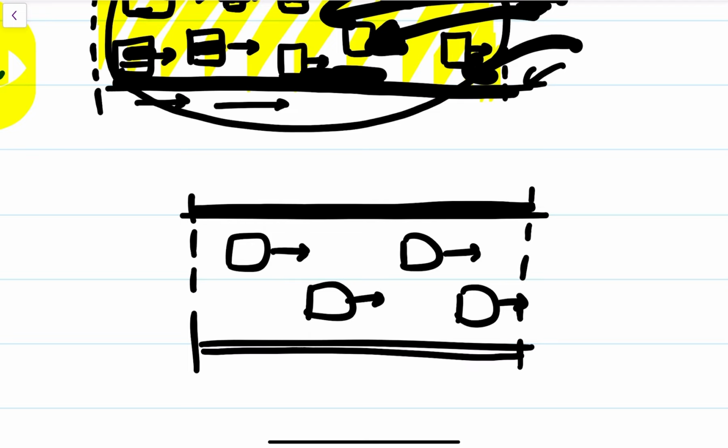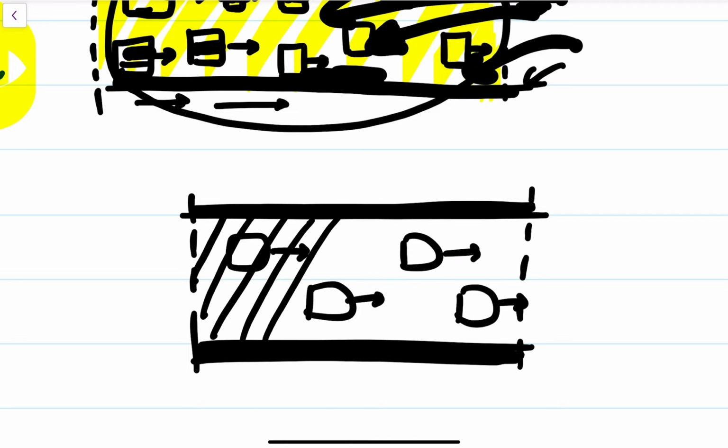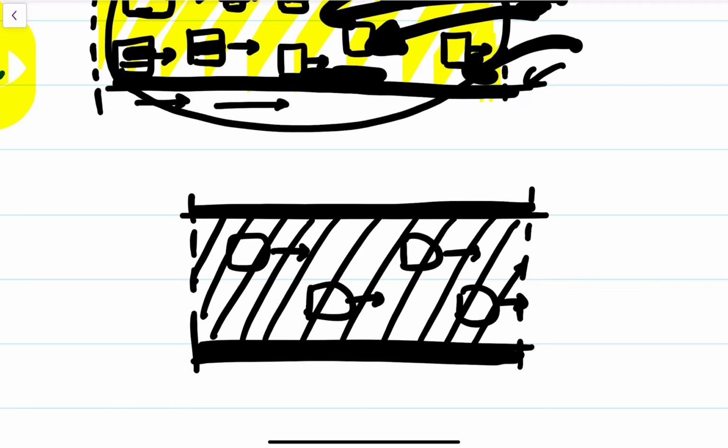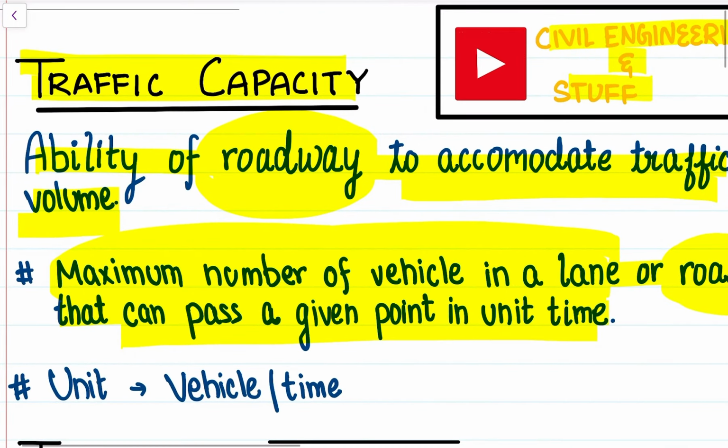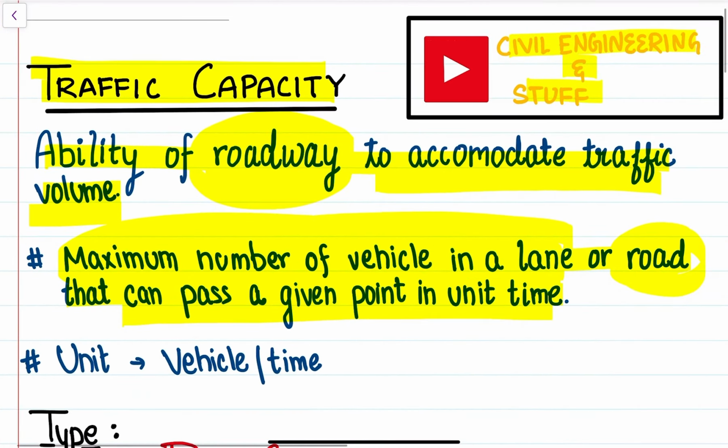We are looking at the capacity of the road, how many vehicles can pass through this road section in a unit time. That is what we call the traffic capacity. There is a difference between traffic volume and traffic capacity. We have discussed this in a previous video. You can refer to that.